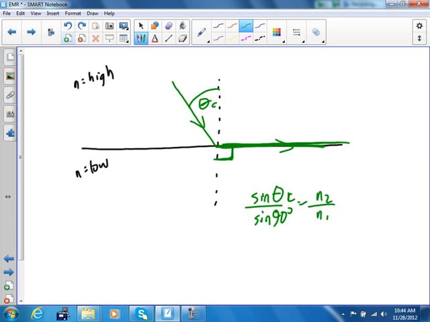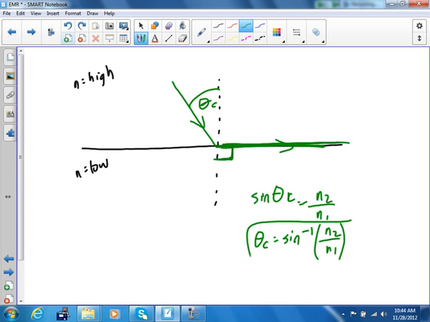If it refracts at 90 degrees, in other words, if it skips along the boundary between the two materials, then that means we're at the critical angle. Well, let's set the angle of refraction equal to 90 then and find the critical angle. By the way, what is sine 90? 1. So we can actually just drop that entire denominator, if we want to. Sine theta c is equal to n2 over n1. Or theta c is equal to the inverse sine of n2 over n1.